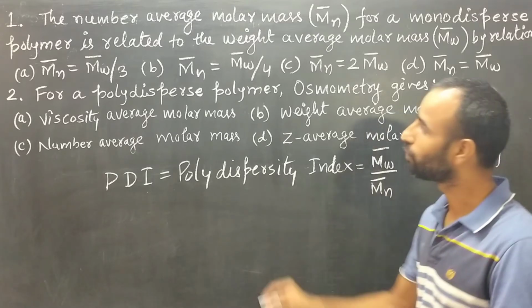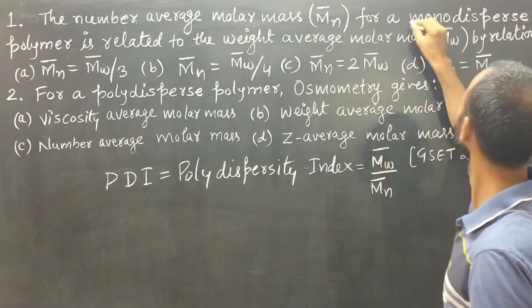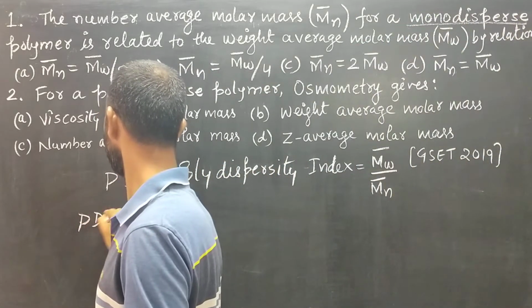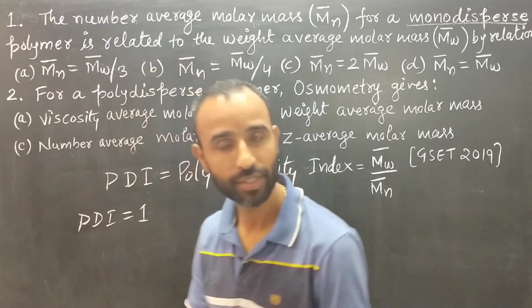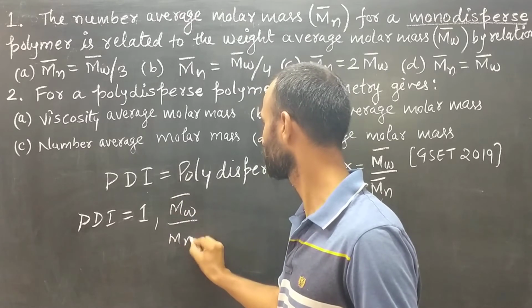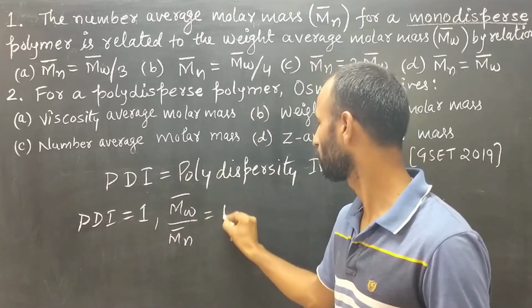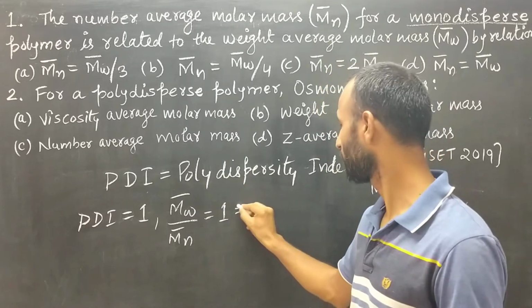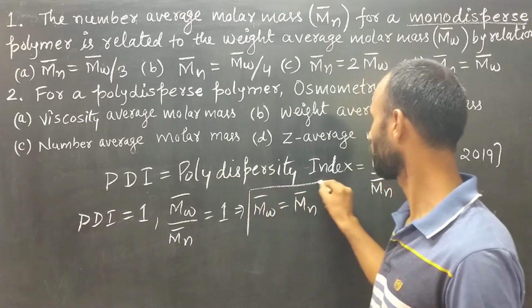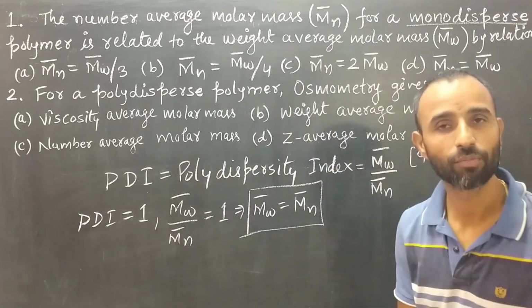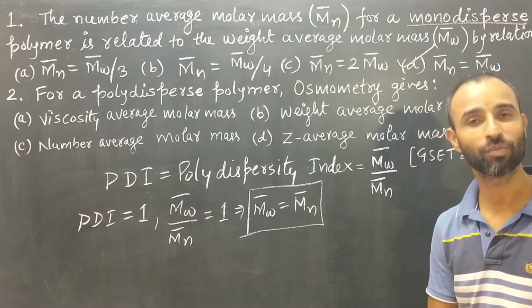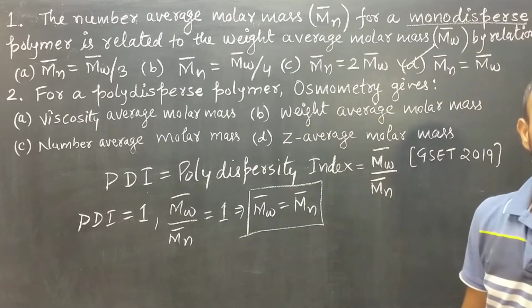Okay, so a monodisperse polymer means PDI should be equal to 1. PDI equal to 1 means the ratio of the weight average to the number average molar mass should be equal to 1. That implies the weight average molar mass should be equal to the number average molar mass for a monodisperse polymer. Okay, so the relation is correct. Now come to the second question.